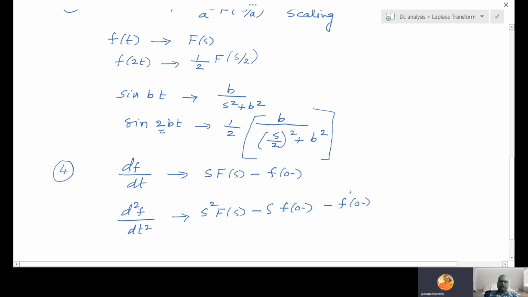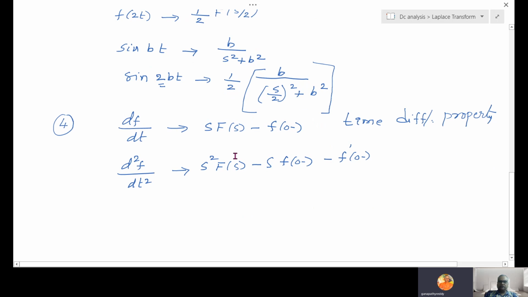So here it is time domain differentiation, the time differentiation property. These things we use very much in transient analysis. When you are applying Laplace transform to a differential equation, we use this.